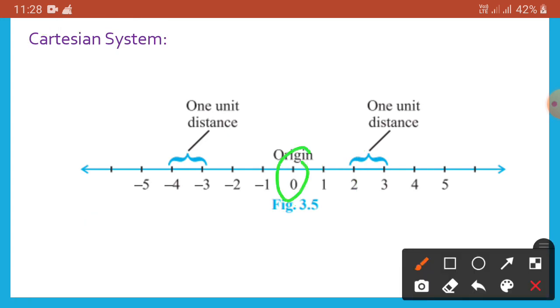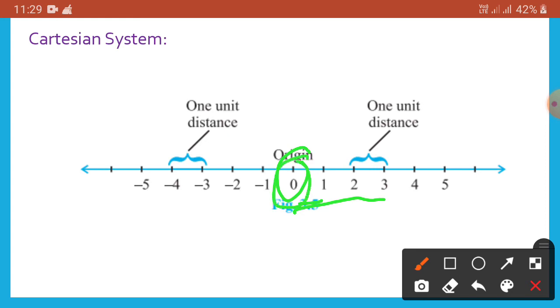Here it represents the origin. We use the number line to represent numbers by marking points on a line at equal distances. If 1 unit distance represents the number 1, then 3 units represent the number 3, and 0 here is the origin.